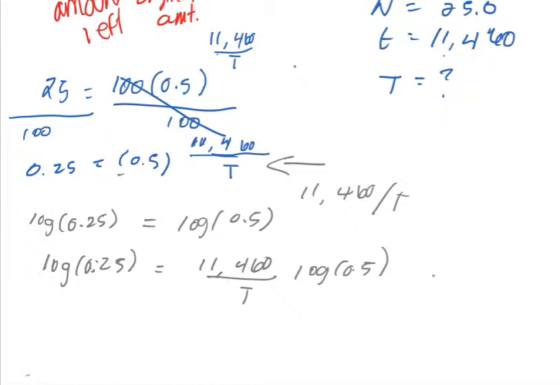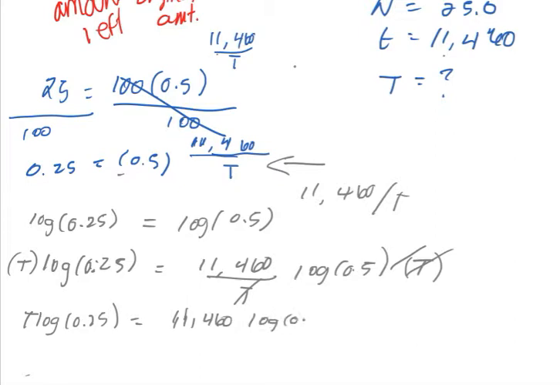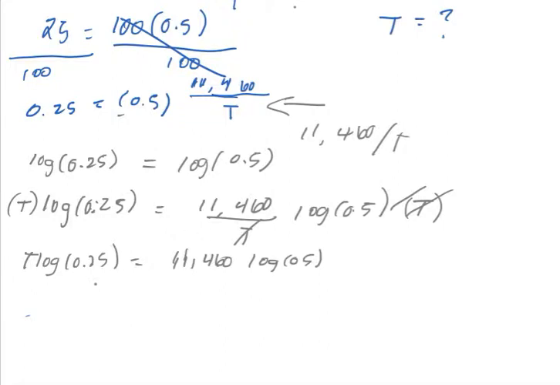Okay, now to get T, we can multiply both sides by T. These T's would cancel. I'll be left with T times the logarithm of 0.25 is equal to 11,460 times the log of 0.5. Now I want to get big T by itself, so I need to divide by log of 0.25, because that's what's keeping big T from being alone.